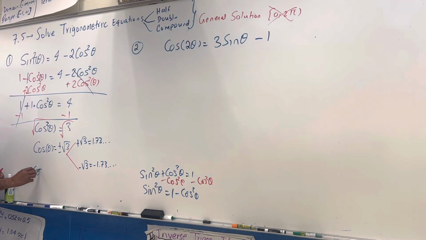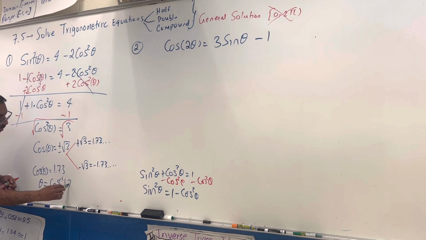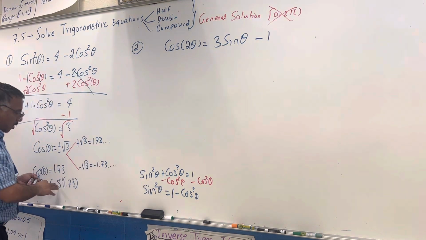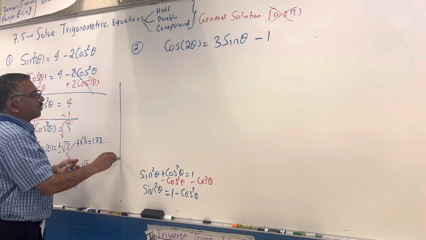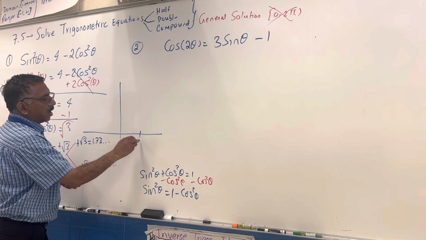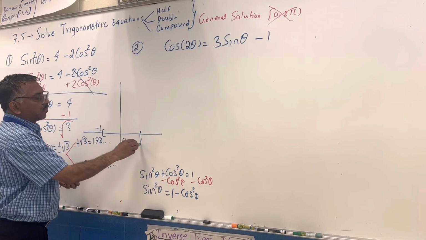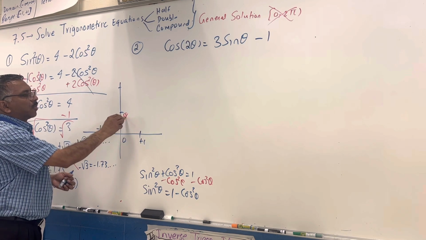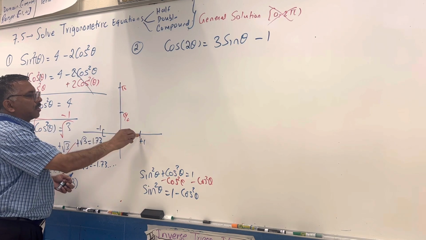The question is, do we have an angle? Now you see this cosine theta, is there an angle theta whose cosine is 1.73? So cosine of what angle is 1.73? In the back of your mind, we should know the graph of the cosine inverse function. We know that the domain is minus 1 to plus 1 and the range of the cosine inverse is 0 to pi, and the graph goes this way.